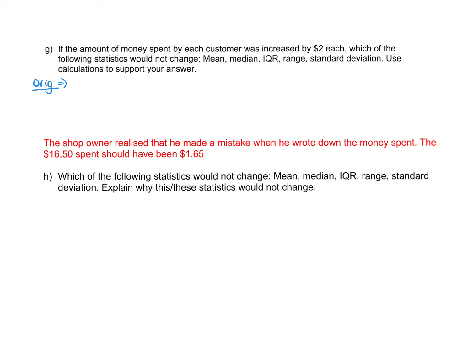Originally we had the mean was 3.6, the median was 1.7, the IQR was 1.85, and the standard deviation was 5.72.